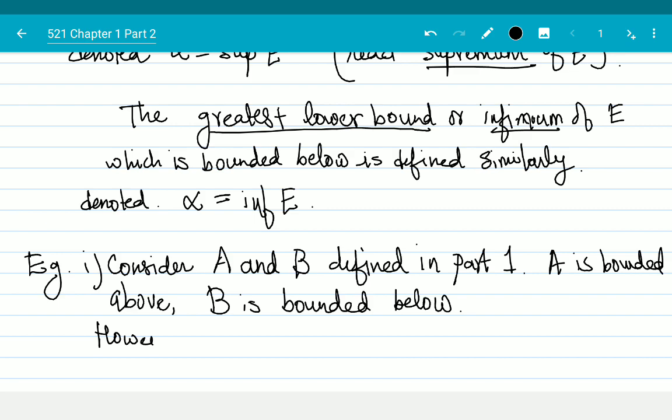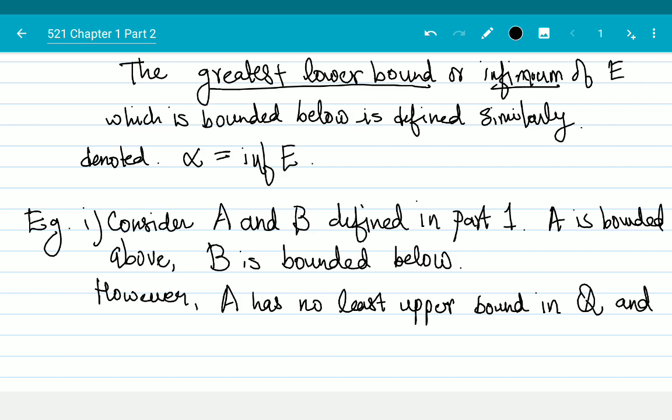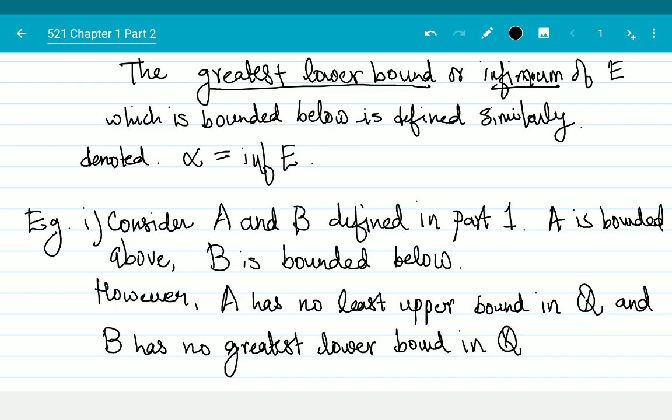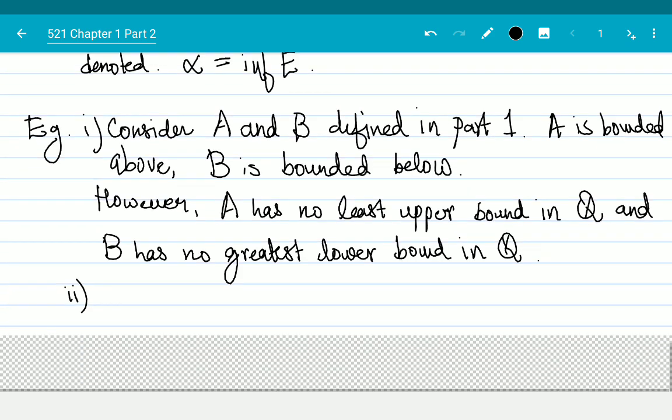However, A has no least upper bound in Q, and B has no greatest lower bound in Q. If we extend it to R, then that would work, but as of now, I have no idea what R is.